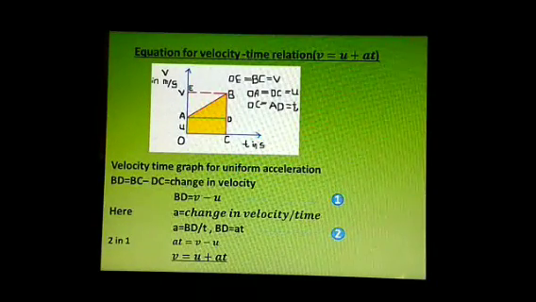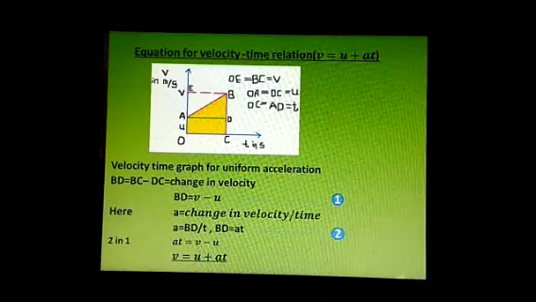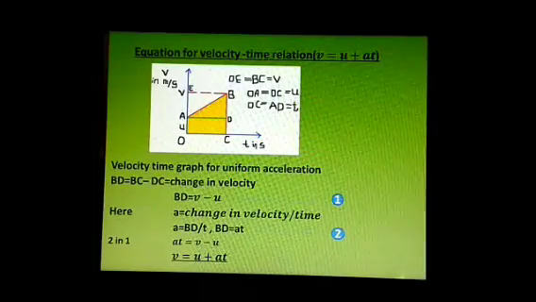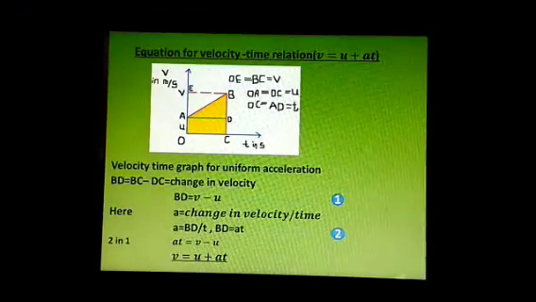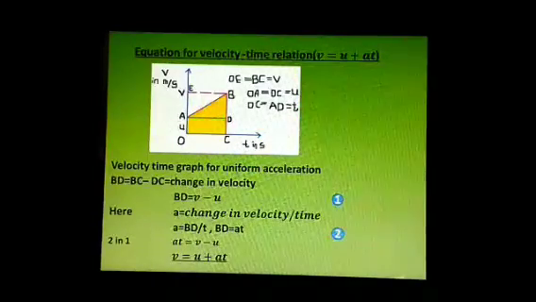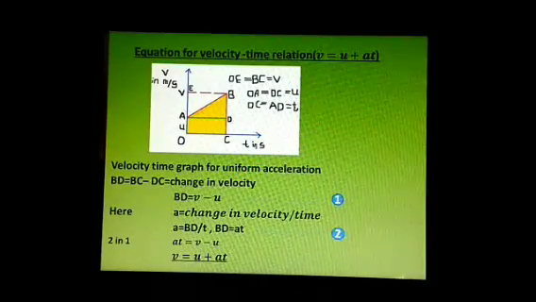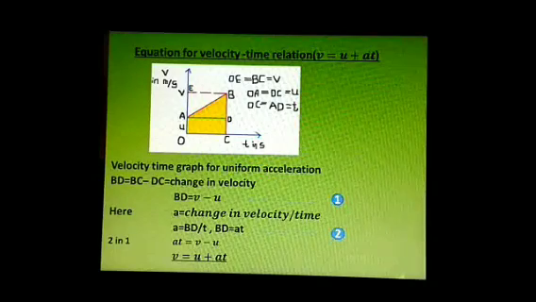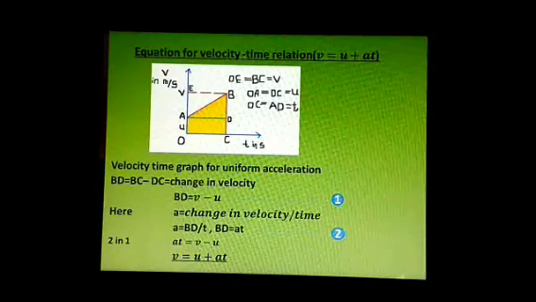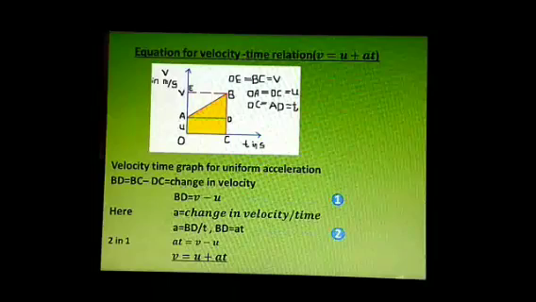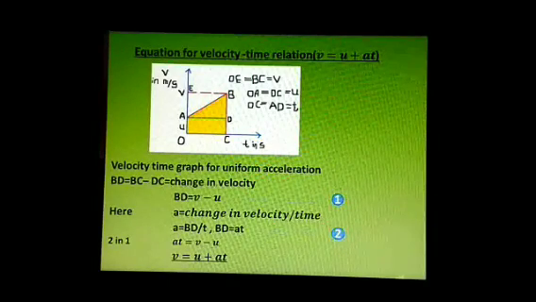Equation for velocity time relation, that is V is equal to U plus AT. We can derive the relation V is equal to U plus AT from a velocity time graph of uniform acceleration. From the graph, you can see OE is equal to BC is equal to V, and OA is equal to DC is equal to U. Then OC is equal to AD is equal to time.